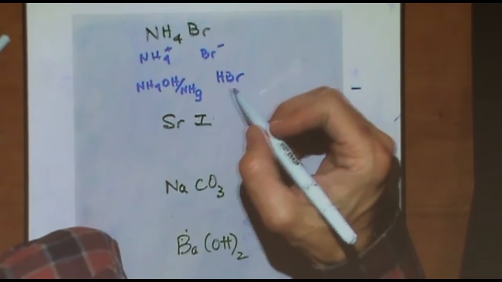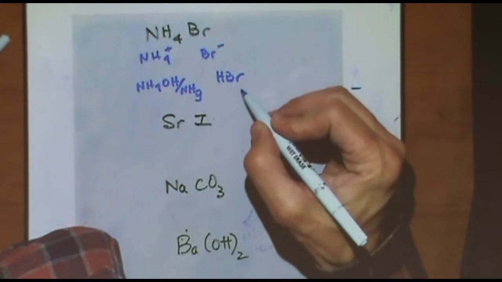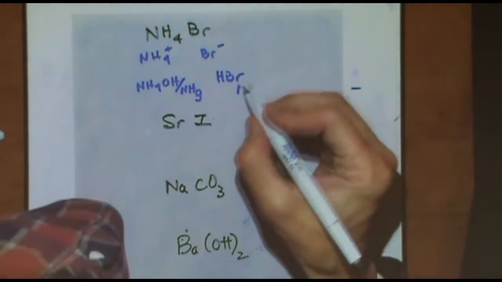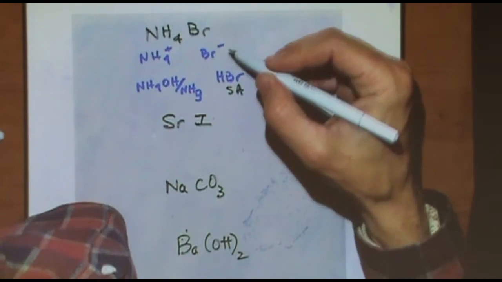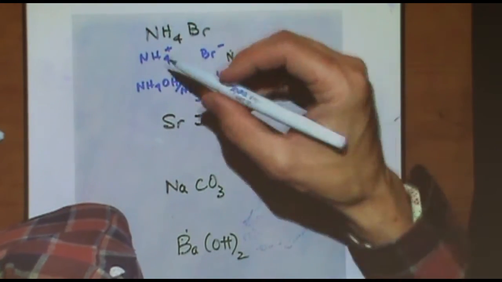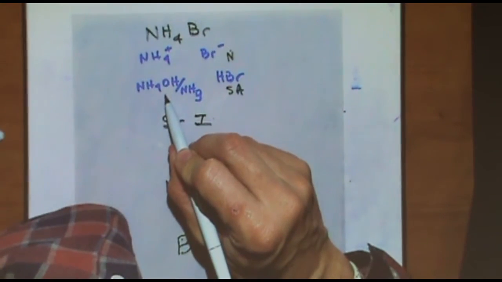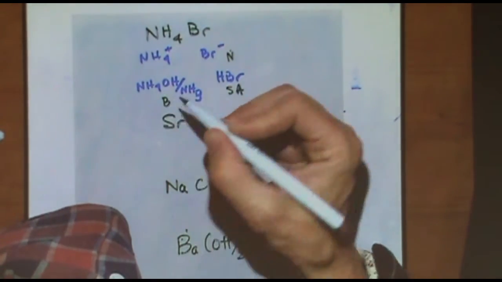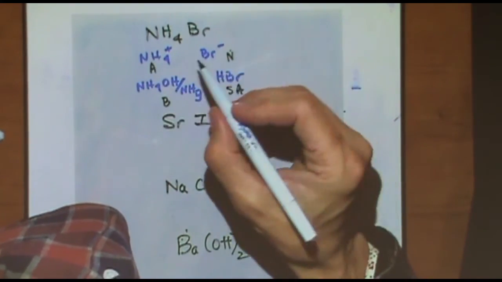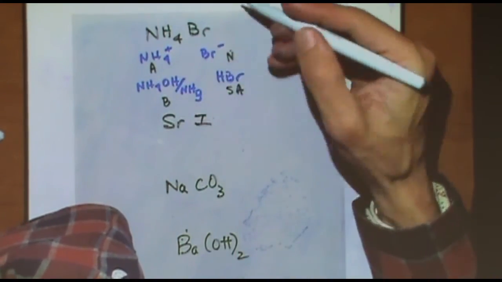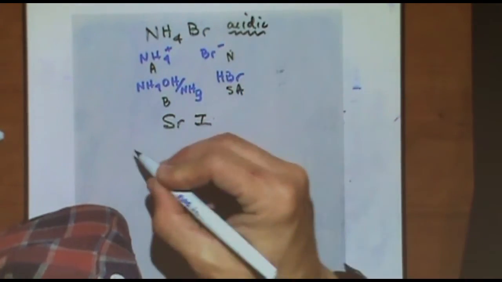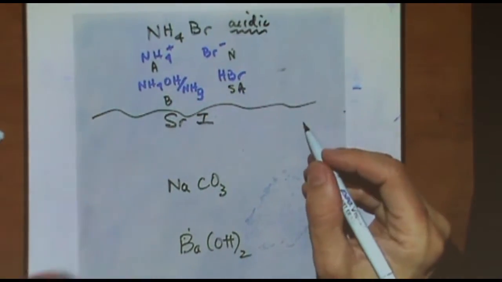This, anybody, is what? Acid or base? Acid, and specifically, strong acid. Let me get a different color. Strong acid. So the conjugate of a strong is neutral. So that part of the ion is neutral. This is acid or base? Base. So the conjugate is just a regular acid. So this compound is made of an acid and a neutral. This is acidic, or an acid. Okay, so that's how I think of them.